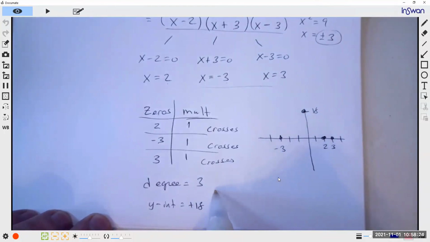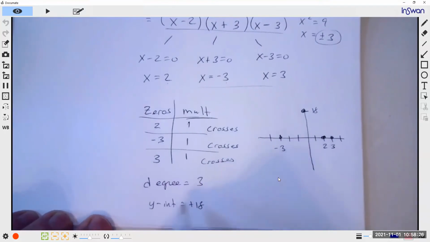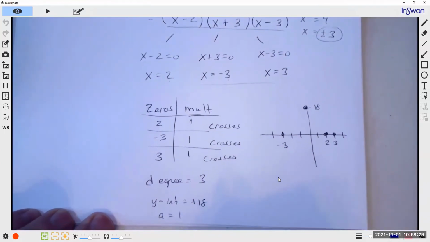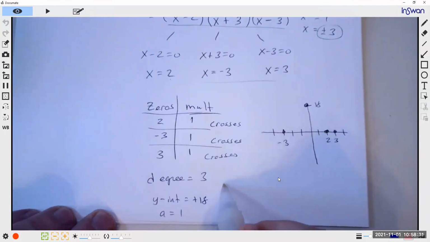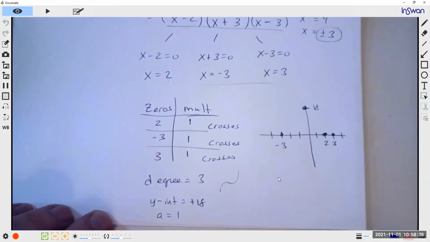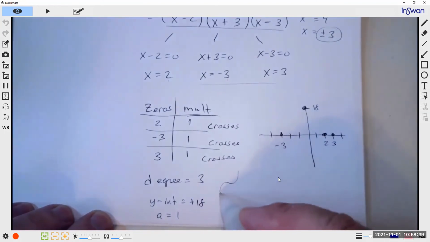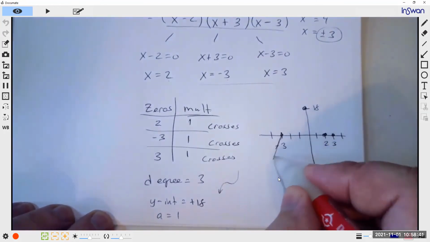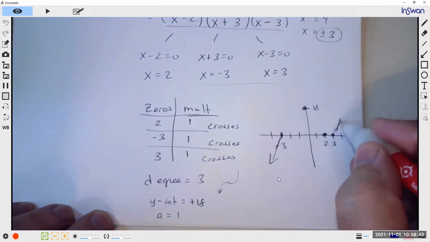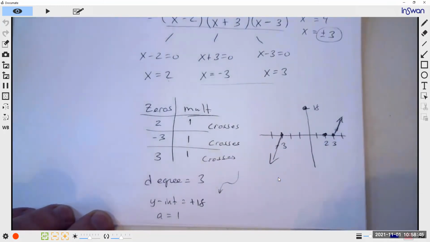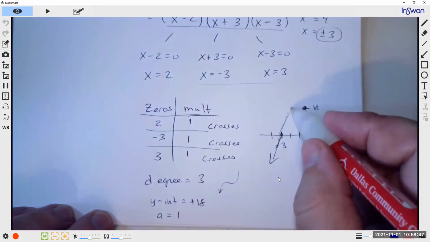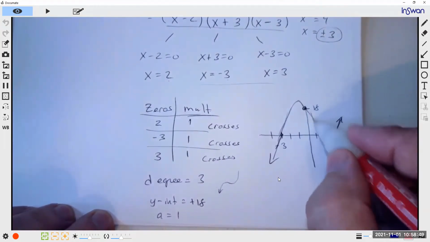And the leading term a is 1, so it's positive. So the graph will look something like this. It's a cubic equation. So we know this side has to go down. This side has to go up. So it'll look something like this.